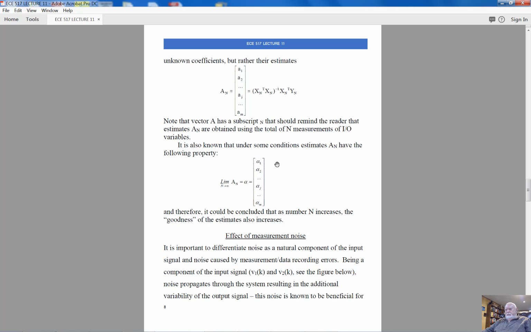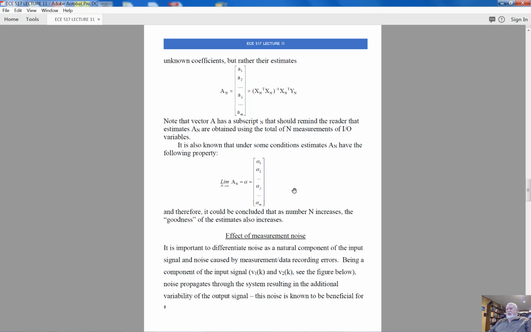All right. However, the least square method offers the following promise: if the total number of observations approaches infinity, then the vector of estimates will become equal to the vector of true coefficients. This is the property of the least square method approach, known as being unbiased.